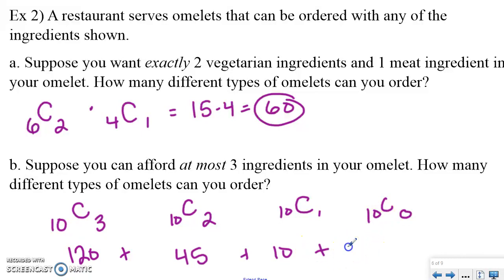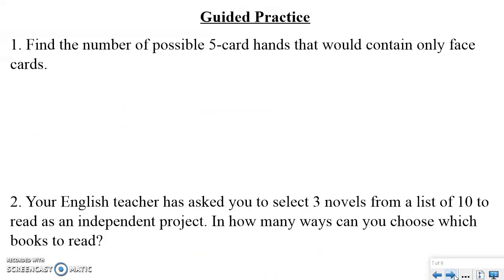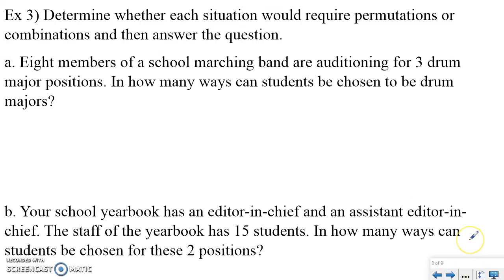Or I can order 0 ingredients, which, like I said, means you just have eggs. And because we're using an or, we're going to add those together to get 176 possible combinations. Okay, go ahead and try those next 2, and you can check those after that.